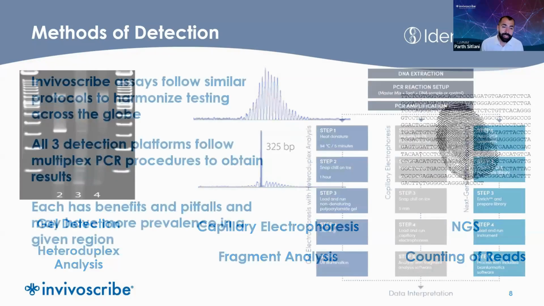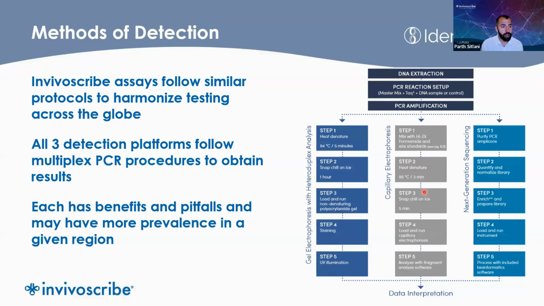So Invivoscribe has assays for all three of these methodologies, and we try to harmonize them across the three different platforms. So most assays do follow a very similar procedure of DNA extraction, single-step PCR setup, and then detection using that specific method.